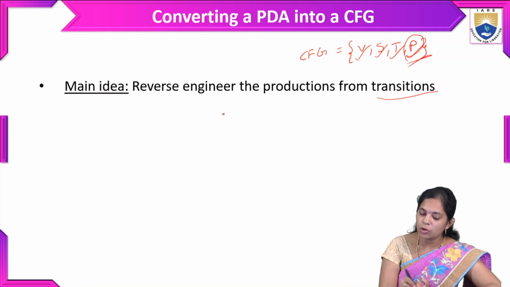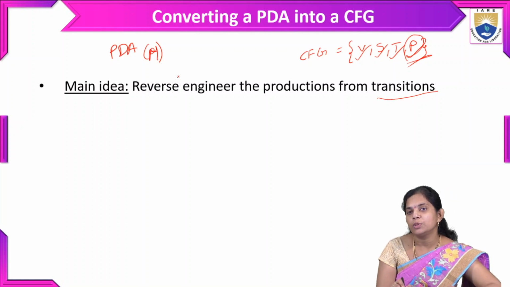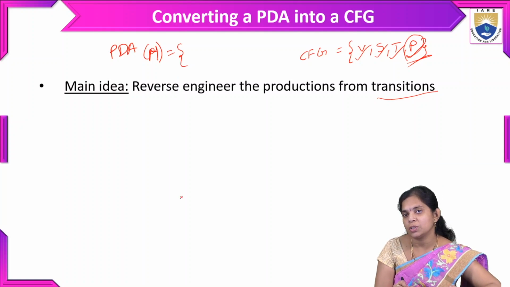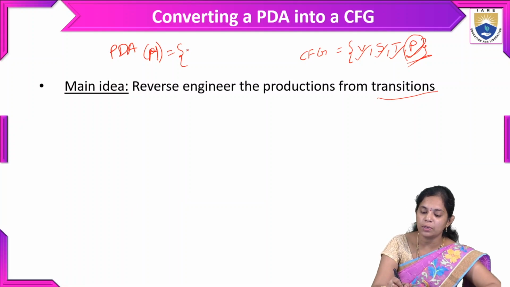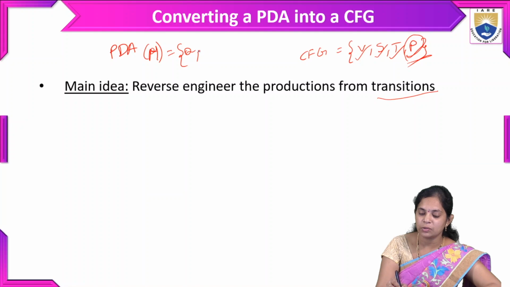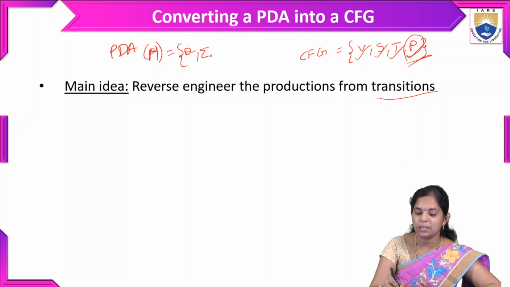So this pushdown automata, PDA, is equivalent to a Q or M, where M is nothing but the pushdown automata machine. In that, we have to write the tuple notation. How many tuple elements are there for designing the pushdown automata? First, we need to write Q. Q is nothing but a finite set of states. And sigma. Sigma is nothing but the terminal symbols. How many input values are there, those input values should be represented in the sigma.